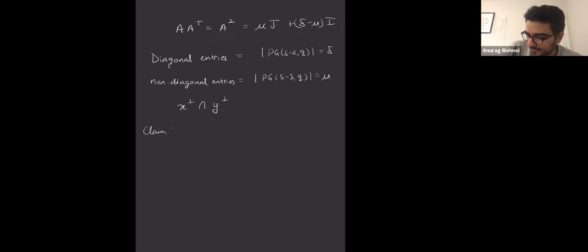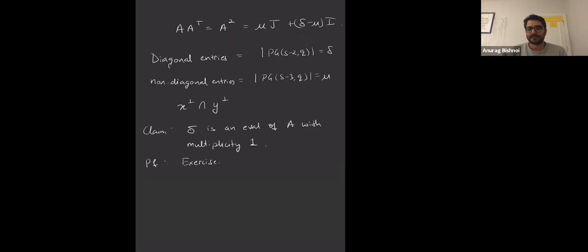Okay, so now, claim: delta is an eigenvalue of A with multiplicity 1. And the proof of this is an exercise. Standard spectral graph theory stuff.